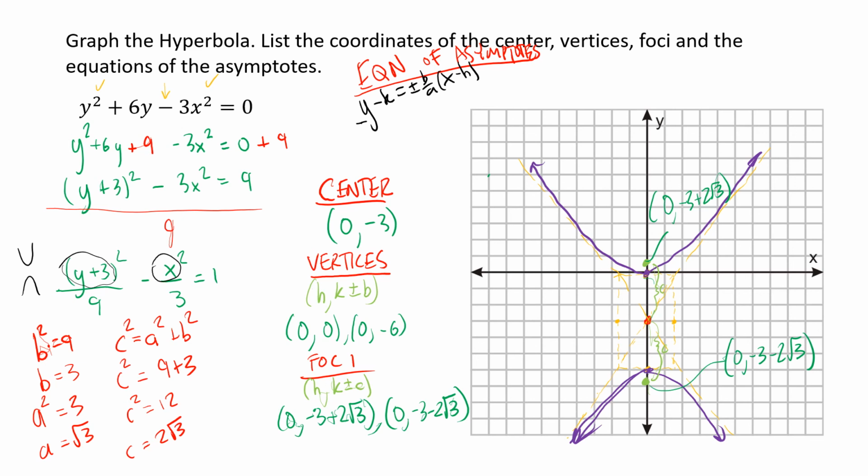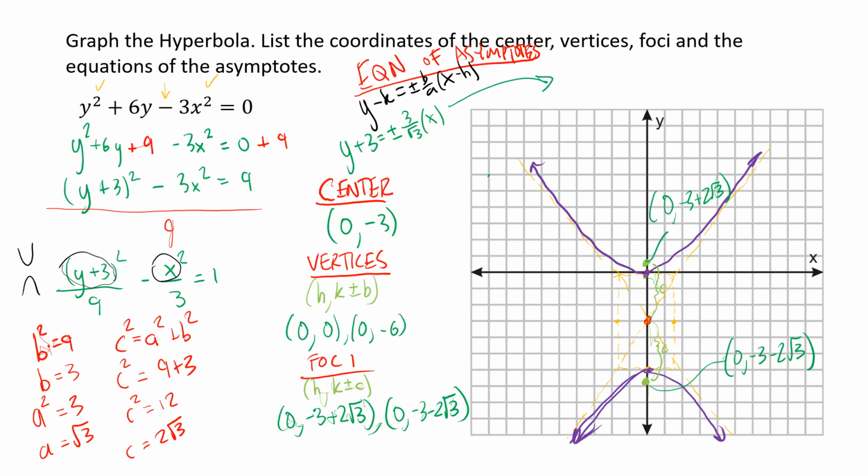So I don't even need to do any math here because I already have b and a. b is 3 and a is root 3. So the answer to what is the equation of the asymptotes would just be y plus 3 is equal to plus or minus 3 over root 3, and you can rationalize that if you want. We'll do that in a second. Times x. And that's it.